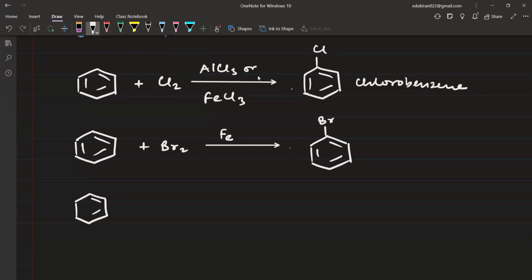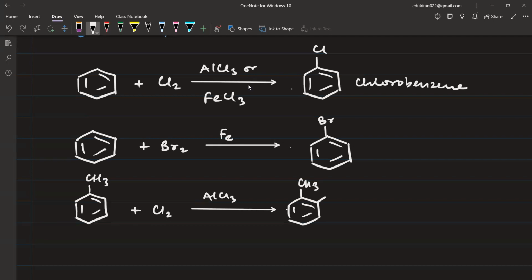Now, if I have a substituted benzene, for example, I have a CH3 group, then we have to look whether it is an electron donating group or withdrawing group. Now, since CH3 is an electron donating group, it is going to give you products in the ortho and the para position. You will get CH3 as it is.